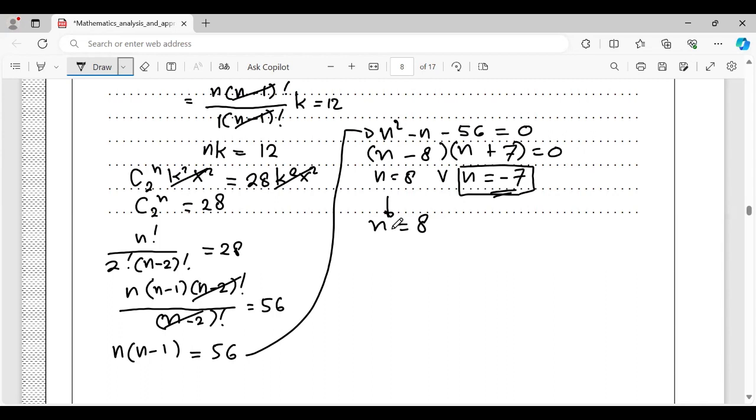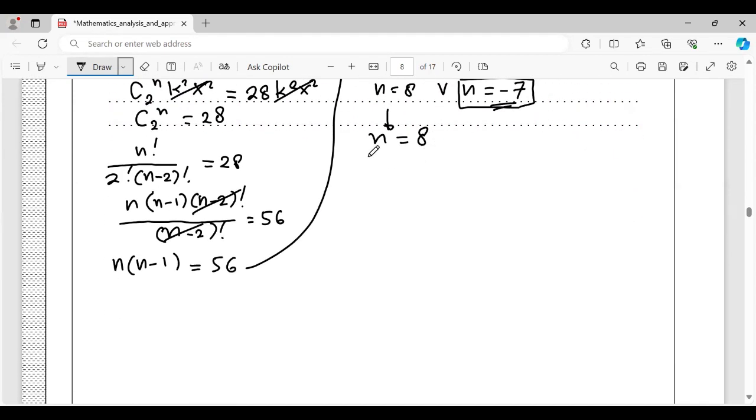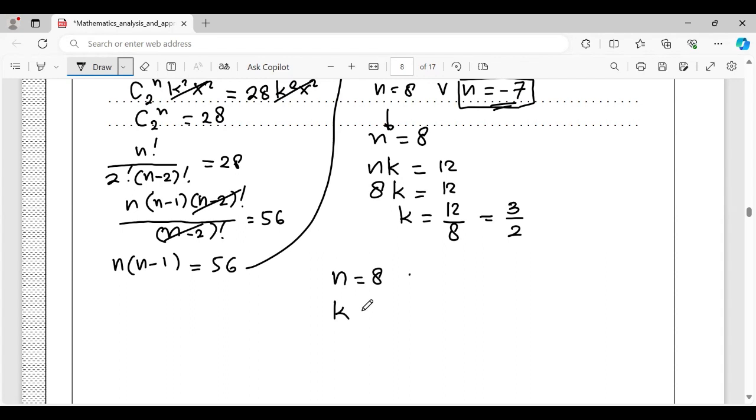If n equals 8, based on the statement that nk equals 12, 8k equals 12, so k equals 12 over 8. Simplify, it becomes 3 over 2. So n equals 8 and k equals 3 halves.